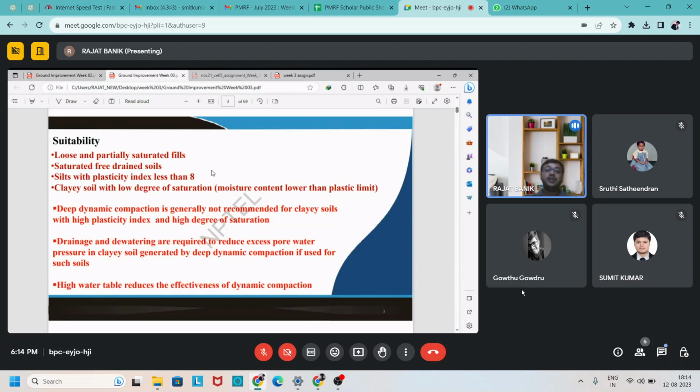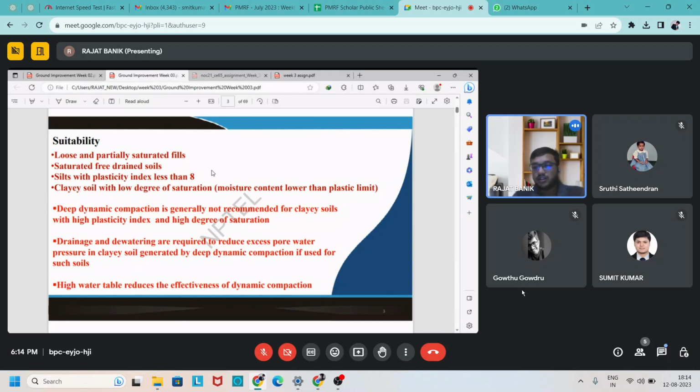But there are some unsuitable conditions for this technique too, where it is not suitable at all. It is not recommended in clay soils, because clay soil has a high plasticity index and a high degree of saturation, and it also has low permeability, that means it is impermeable in nature.